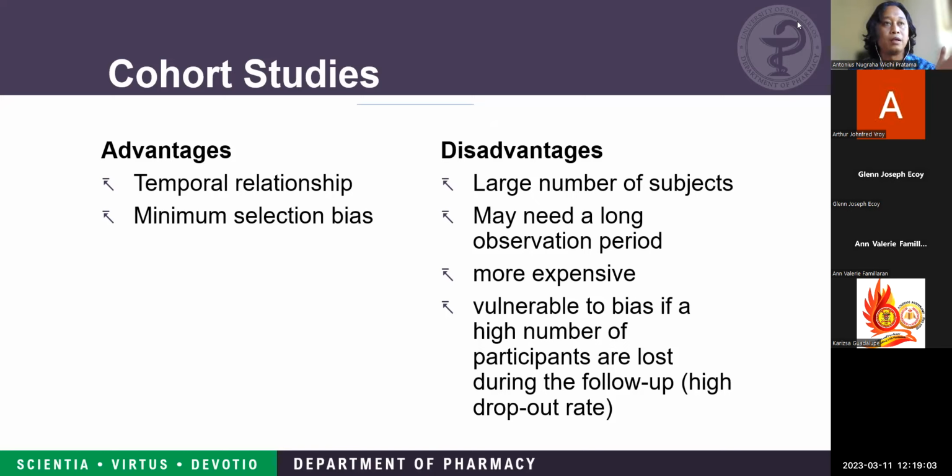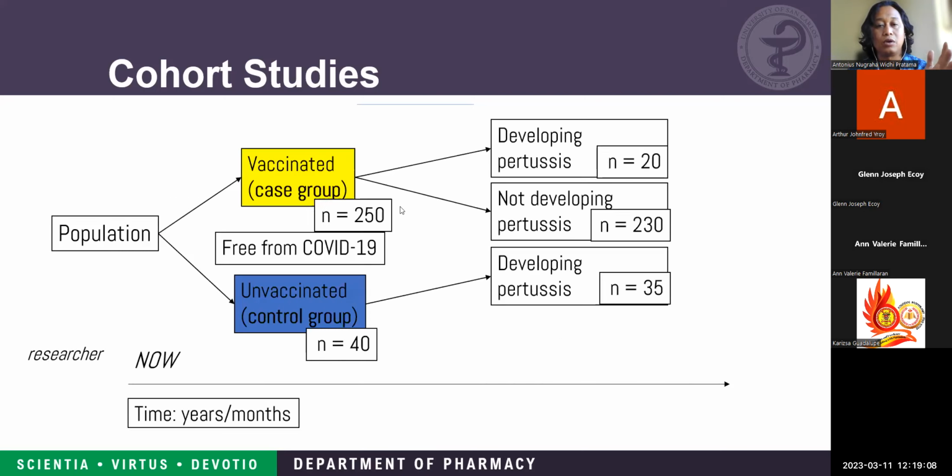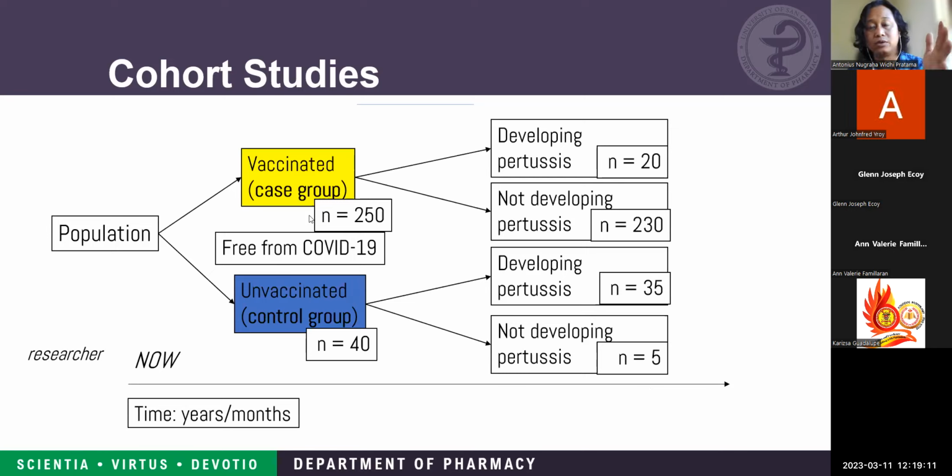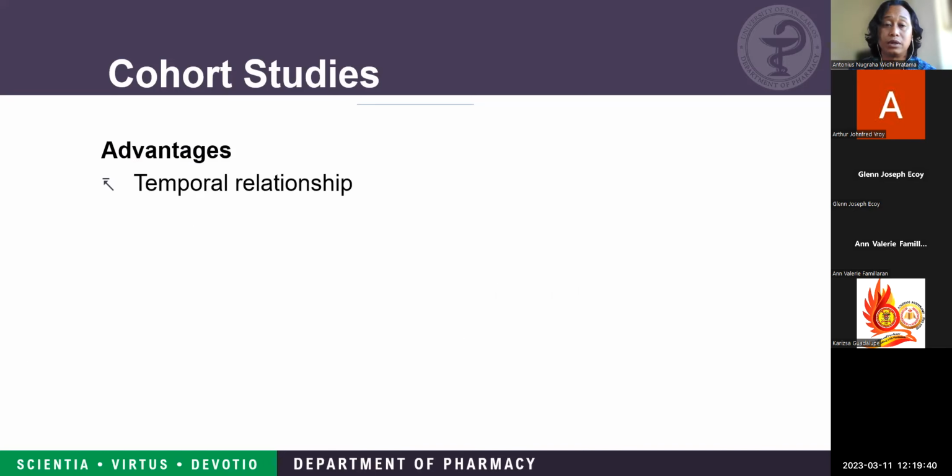Even if they are already grouped into control or case groups, they can stop joining the research. Usually researchers can still use the data until they decide to leave the study. There is a special approach for that, for the calculation of the effect and so on. But yeah, that's in general.